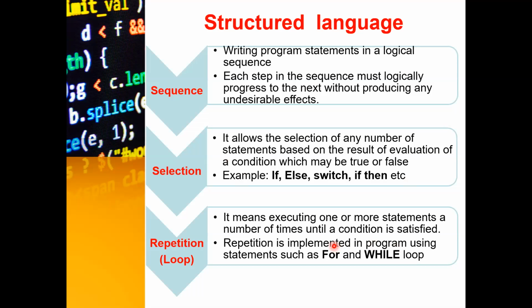Repetition is implemented in programs using statements. Which type of statements do we use when we implement this type of loop? For loop and while loop. Clear? When you implement these loops, you will understand the concept more clearly.